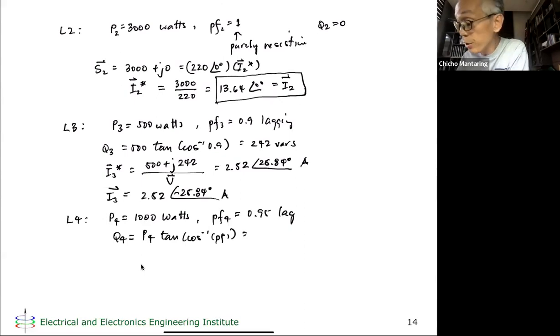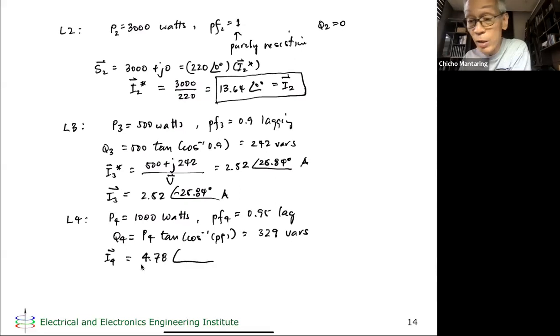I just give this to you. This is 329 vars. And again, computing for I4 using the same technique previously, I'm just going to get 4.78 at an angle of -18.19 degrees amperes.